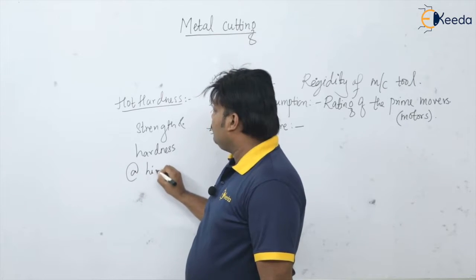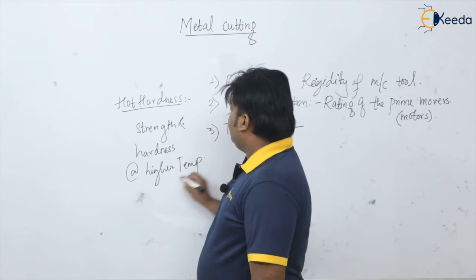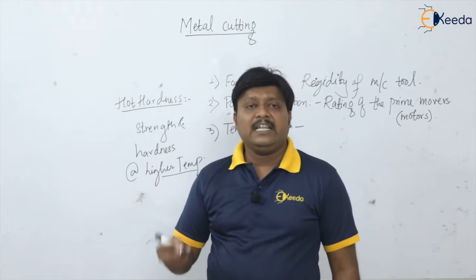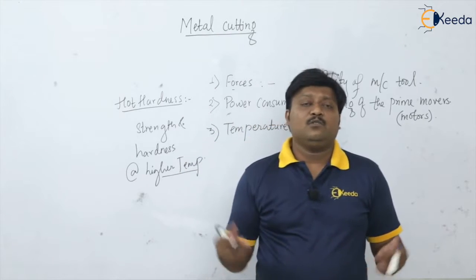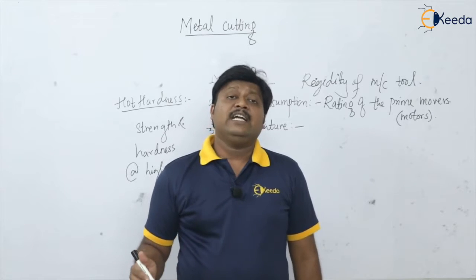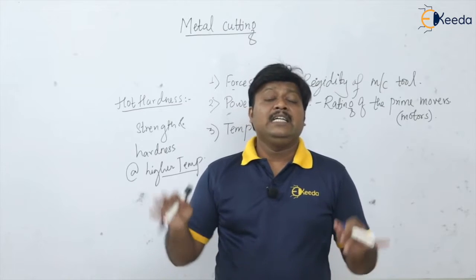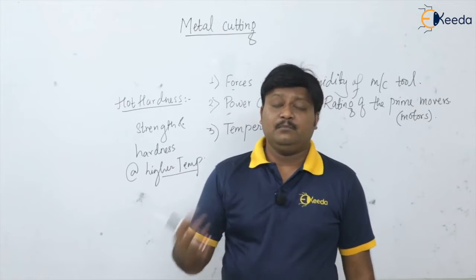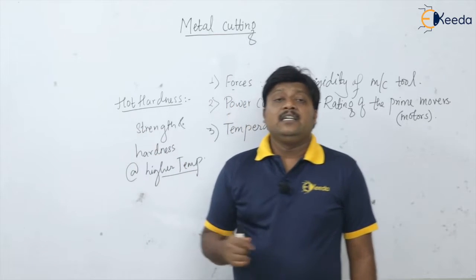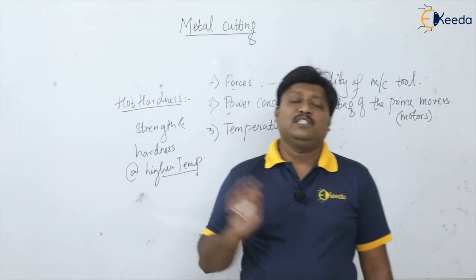At higher temperatures. So this is a very important property for the tool material, and you are able to understand what temperatures are going to be induced in the cutting. Then based on that you can select which tool material can withstand that temperature. Based upon the hot hardness value, you can easily select the proper tool material for that machining process.